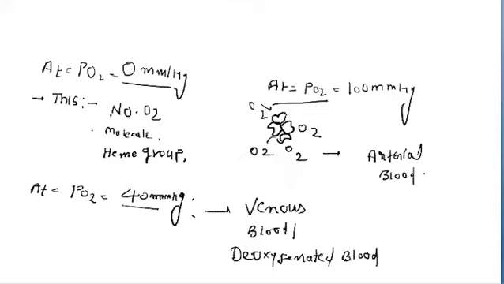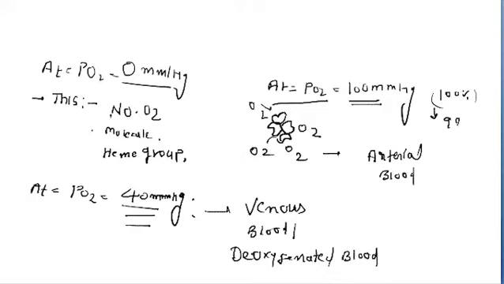So when we talk about 40 mmHg, approximately 75% of the binding sites are occupied by O2. And remember, when we talk about 100 mmHg, at this time there is 100% saturation, but not exactly 100.